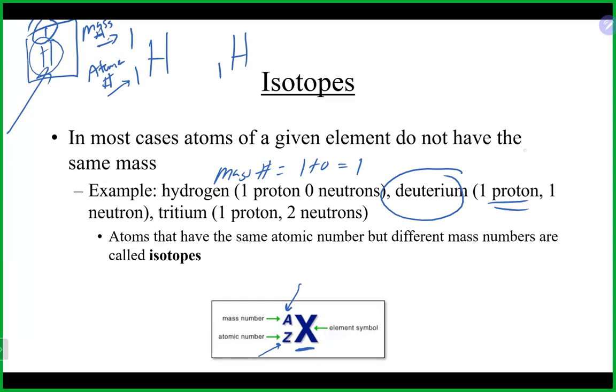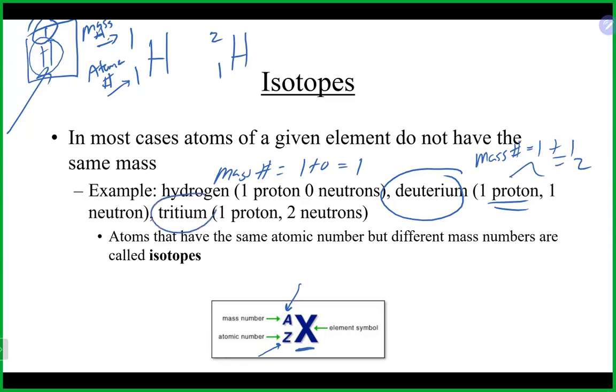And in this case, the mass number will be our protons, which is 1, and our neutrons, which is 1, which is 2 in this case. And 2 would come up on top there. And that would be the proper symbol there for deuterium, which even though it has a different name, is still hydrogen because it still has 1 proton. So isotopes sometimes have different names because of some properties.